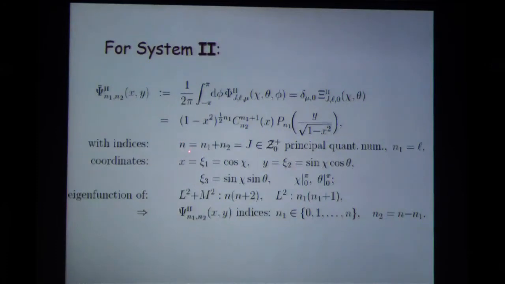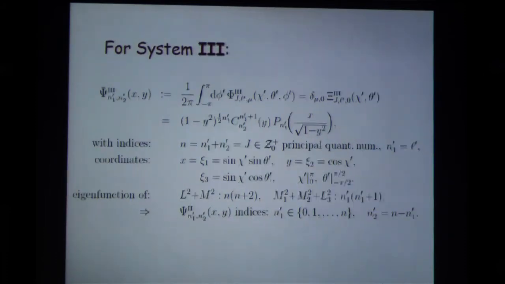The principal quantum number is now n1 plus n2, as if it were a harmonic oscillator. And there's a quantum number L now given by n1. These are the coordinates, and they're eigenfunctions of this and of that. And the indices are n1 and n2, where n1 plus n2 equals n. So again, we have a phantom harmonic oscillator.